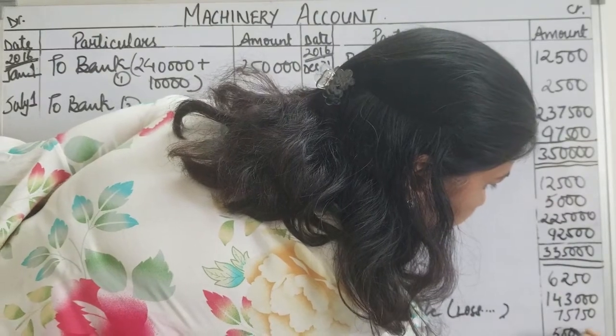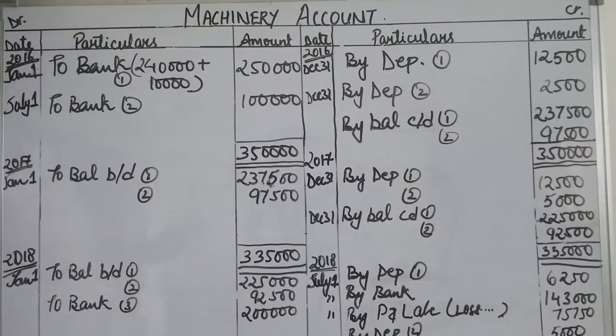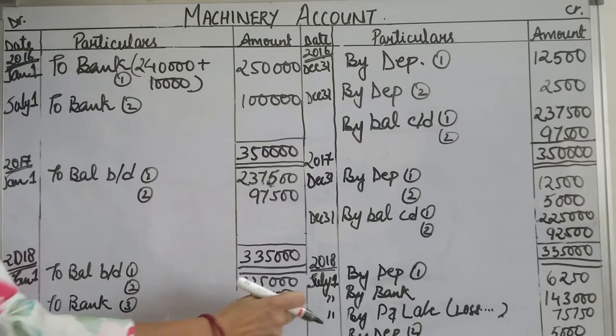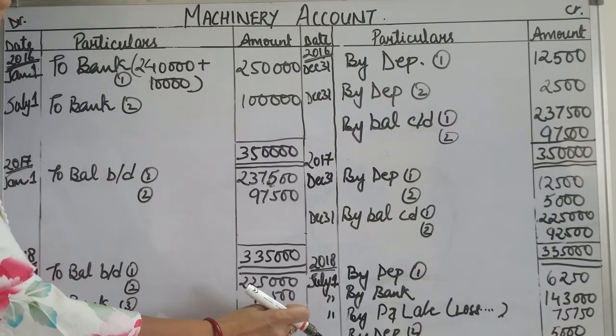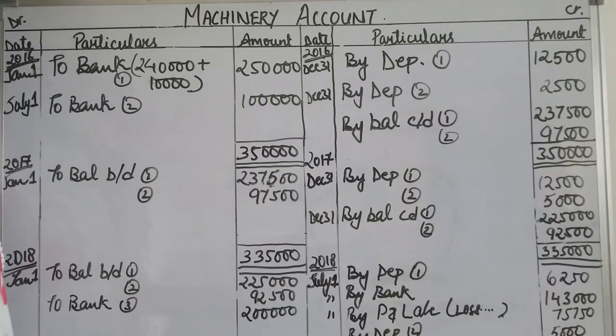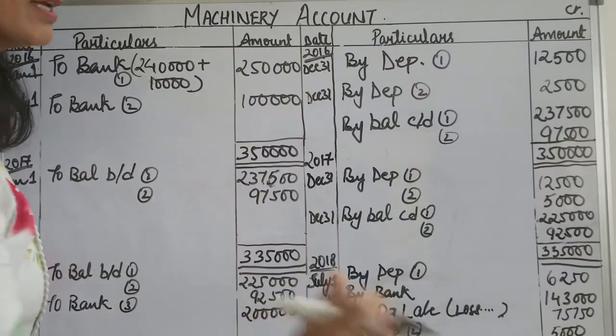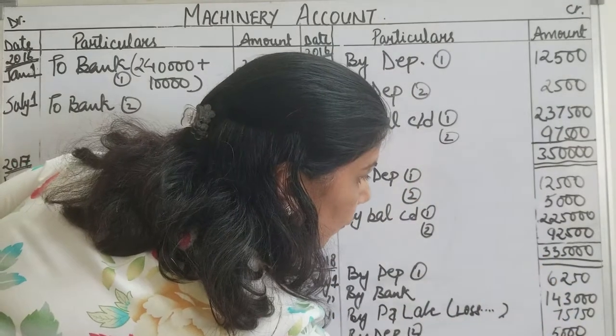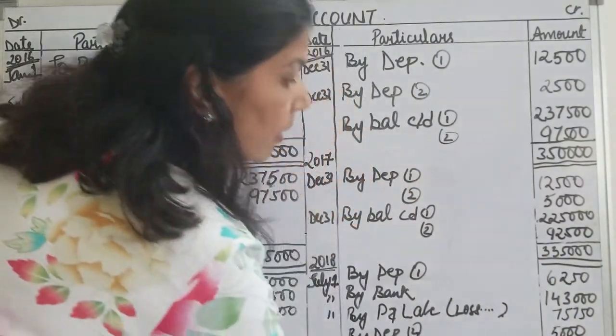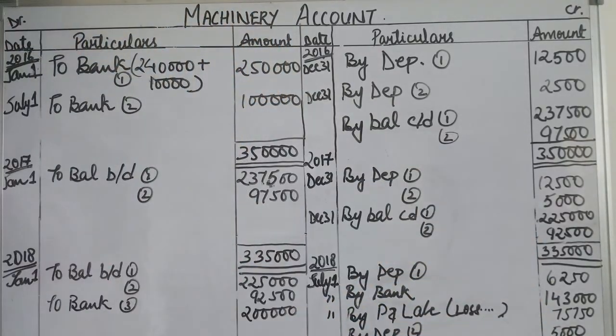So we'll write 5,000 here, and for the third machinery, which was purchased on 1st July 2018, half year's depreciation will be provided. So 2 lakhs at 5% comes to 10,000, but we have to provide half year's depreciation only. So it will come to 5,000 depreciation, half year's depreciation on this third machinery.